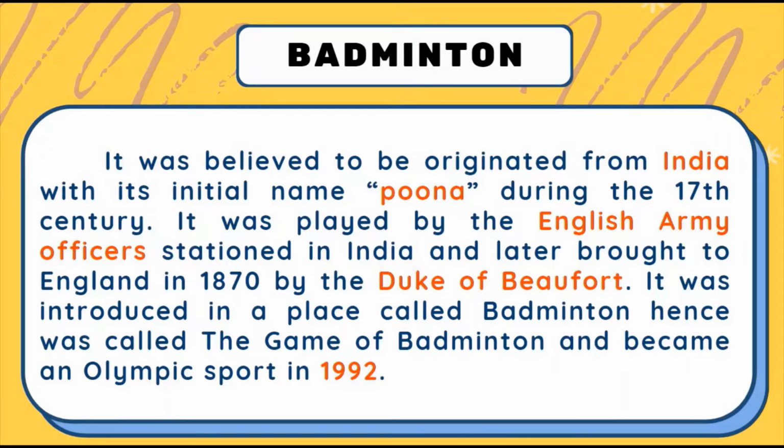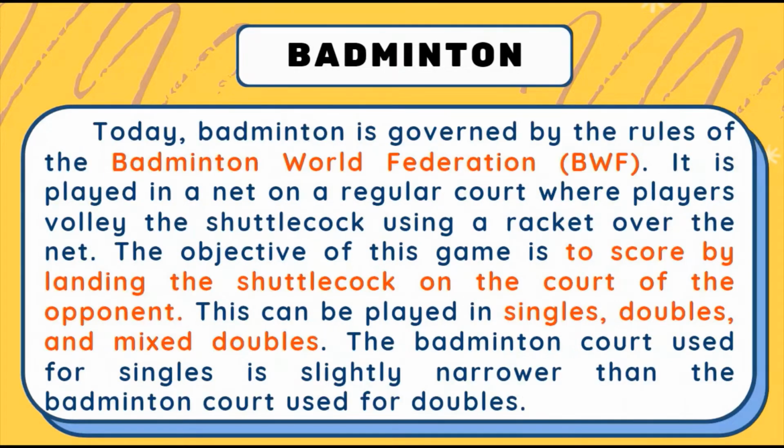It was introduced in a place called Badminton, hence was called the game of badminton, and became an Olympic sport in 1992. Today, badminton is governed by the rules of the Badminton World Federation or the BWF.